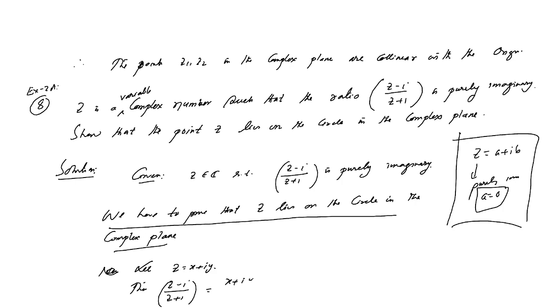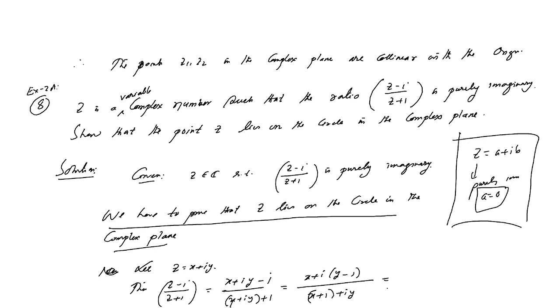That means (x plus iy minus i) by (x plus iy plus 1). So we can write it as x plus i(y minus 1) by (x plus 1) plus iy.